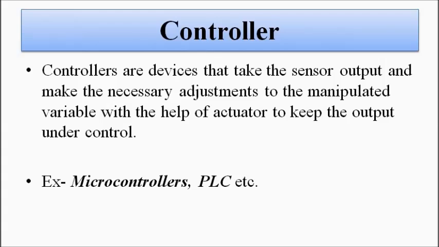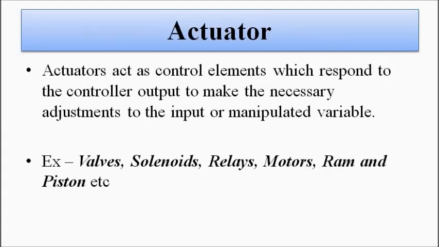Then we have the actuator. The manipulated variable has to be changed with the help of some mechanism. That element which changes the manipulated variable, the input variable, on the command of the microcontroller is called the actuator.